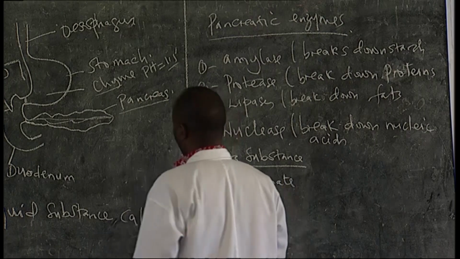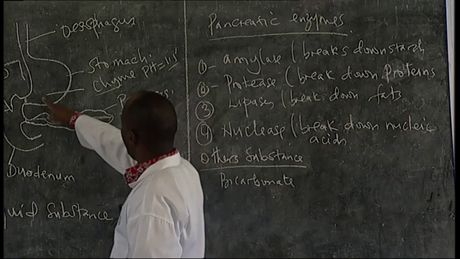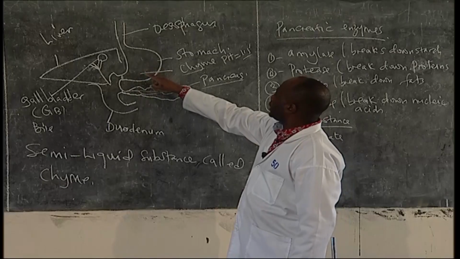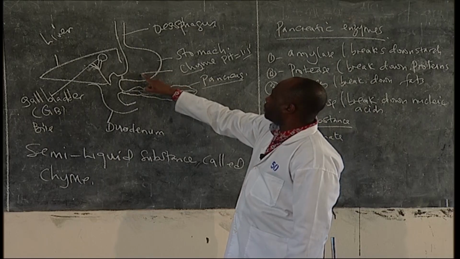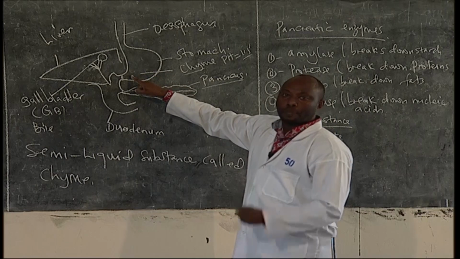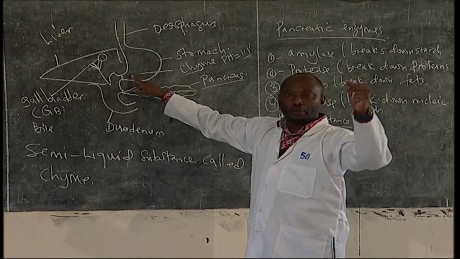This bicarbonate is very important because, as I told you, once the chyme is released from the stomach, it is released with a pH of about 1.5.